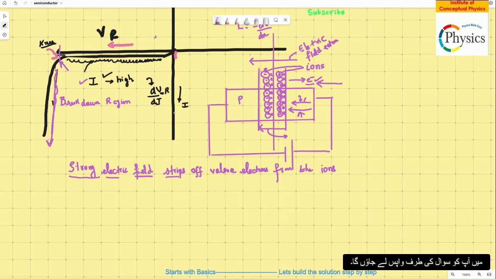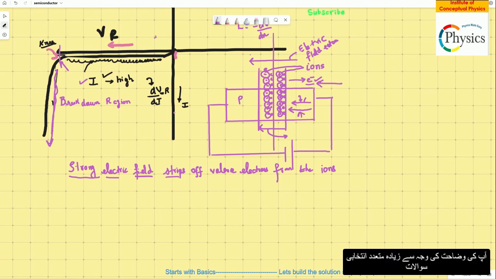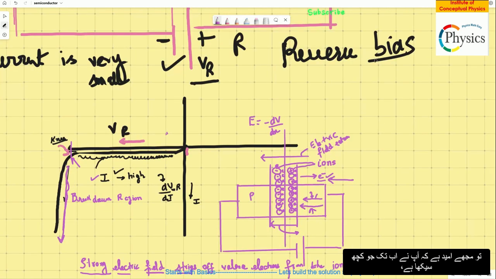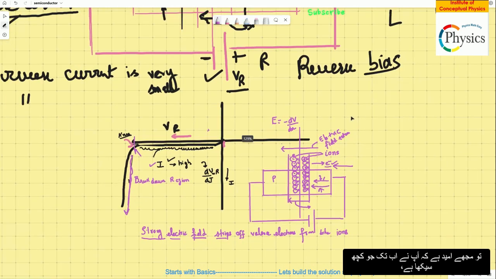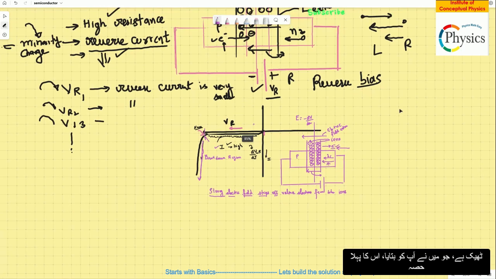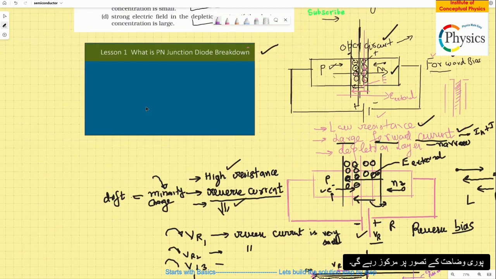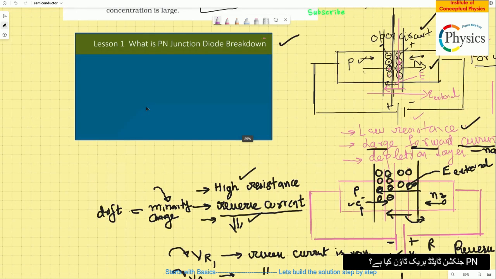I will take you back to the question. The examiner is going to test you when a question of this level comes in. I told you that you will be able to answer 10, 20 more multiple choice questions because of the clarity you will get on the reverse biased PN junction diode. But the keywords, the minority, which we refer to doping, have still not come. So I hope that what you've learned so far, the first part of the whole explanation, the concept of PN junction diode breakdown, is clear to you.